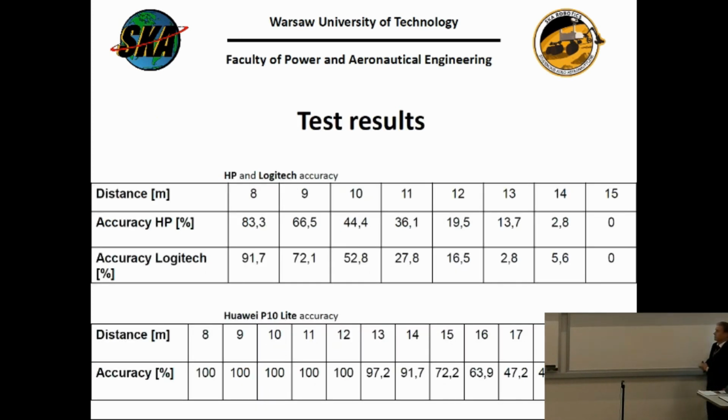And here are the results of my test. When we look at the results of the lower resolution cameras, which are HP and Logitech, and we look at a distance of 11 meters, I already mentioned this distance, we can see that my algorithm detected only about 30% of visible markers in the image.